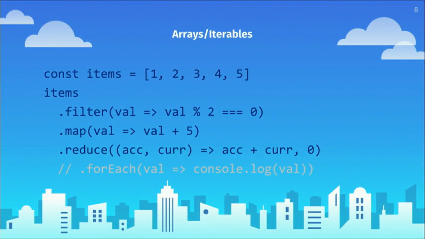Most of the time we've used these array functions, the basic functions right off the array prototype that's built into JavaScript. Filter, map, reduce. We also have forEach that we can use for side effects. The idea being we can filter pieces of information coming through on this array, we can transform those values using map, and then we can add them up together or concatenate them or combine them in some way using reduce.